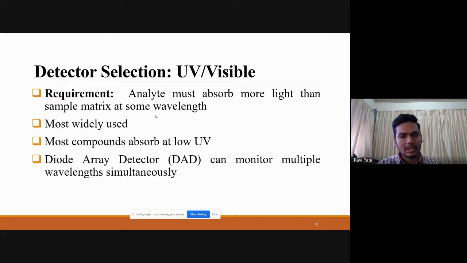So at that time, with a PDA detector, we can monitor multiple wavelengths with respect to the impurities as well. So for this particular forced degradation study, it is necessary to have a PDA detector with your HPLC module.